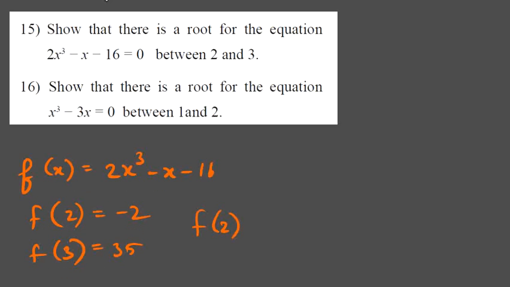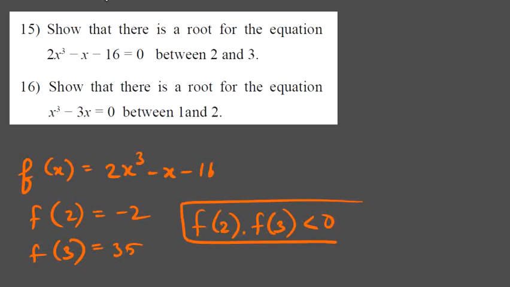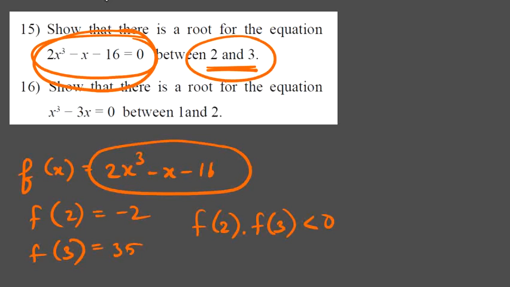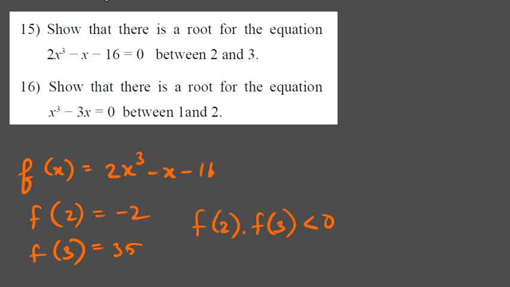Because f of 2 into f of 3 is a negative number, it is very clear by property that there will be one root lying between the numbers 2 and 3 for this function. So if this function is having a root between 2 and 3, you can say that the value for this will be equal to 0 between 2 and 3, and that is why this equation is having a root between 2 and 3.